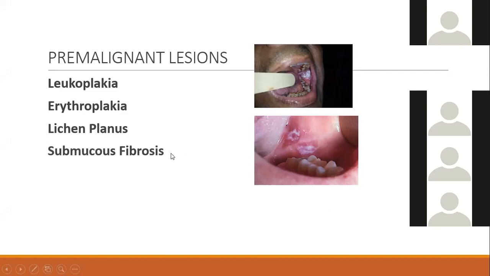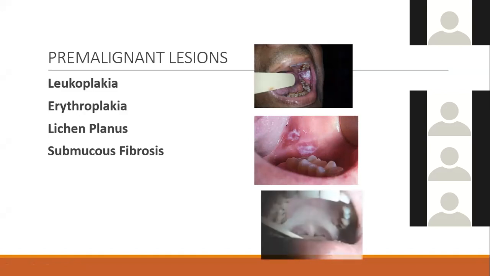And oral submucous fibrosis was something which I never saw during my training in the UK. This was the first time I saw it, in Karachi, when I was examining a patient. I had no idea what it was, and my registrar, who is now, I think, an associate professor, told me that this is submucous fibrosis.